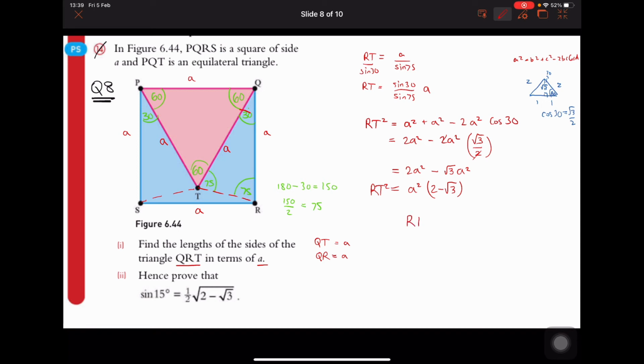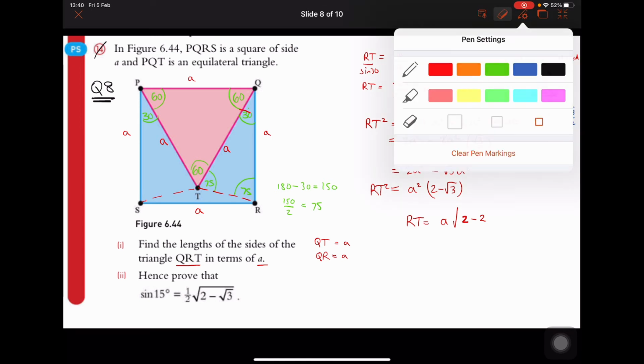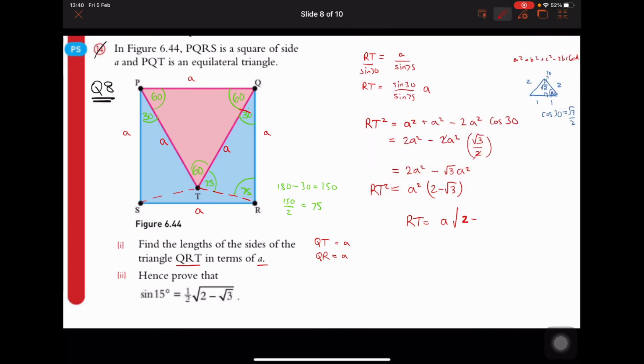We get RT equals the square root of a squared, which is a, and 2 take away root 3. So that is our RT value. Hence prove that sine 15 equals this.